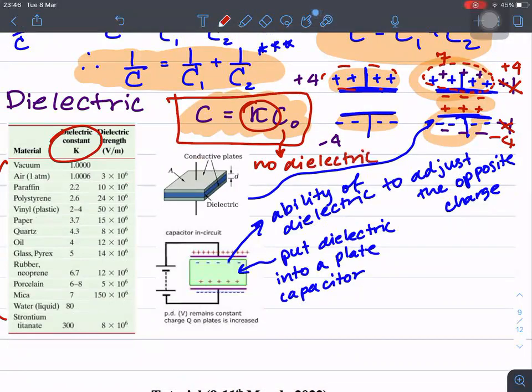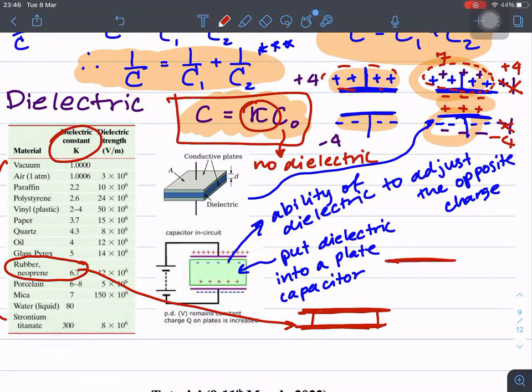So just to give you an easy example, if I happen to bring rubber to be my dielectric material here. Firstly, if I have the C of this parallel plate capacitor as epsilon 0 A over D, we just call this the C0, the capacitance in the case that there is no dielectric material.